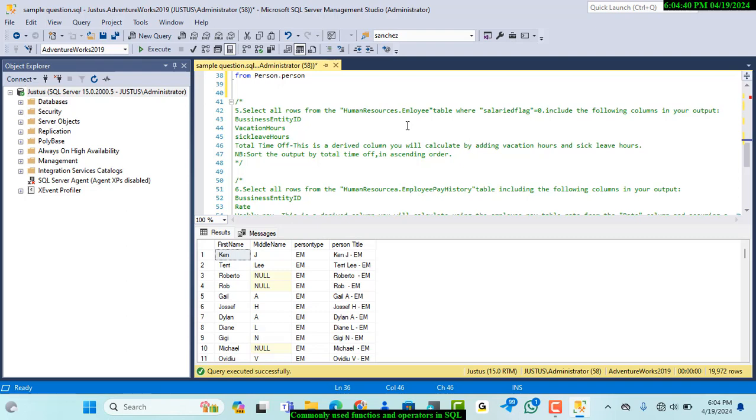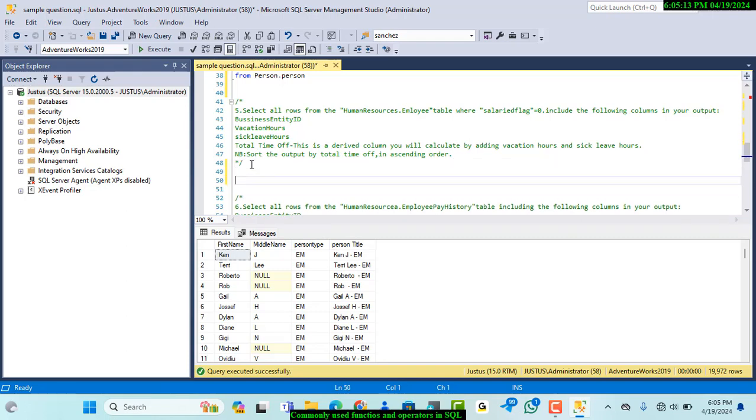In this question, a number of concepts again have been applied: number 1, the WHERE clause. You also have the sort, where we're going to use ORDER BY. That is concept number 2. And of course we have addition. How do we add fields or columns in a database?